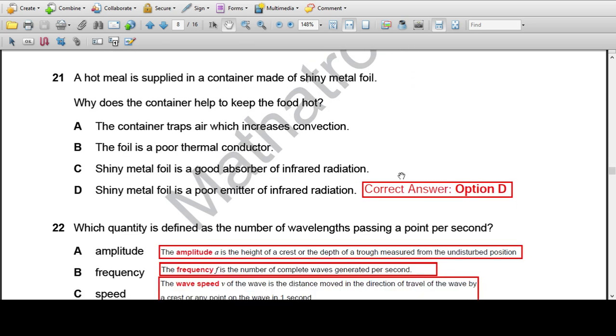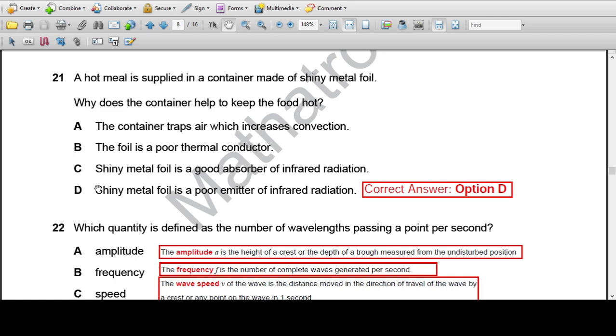A hot meal is supplied in a container made of shiny metal foil. Why does the container help to keep the food hot? The container traps air, which increases convection. No, this is not correct. Foil is a poor thermal conductor. No, it's not correct.